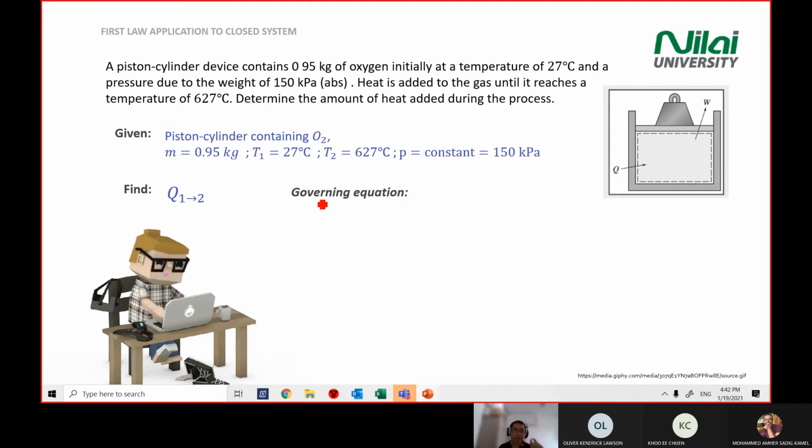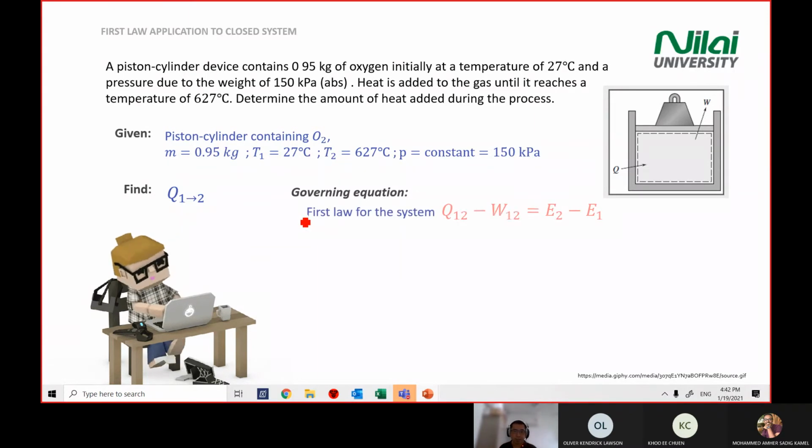So you need to go and find the correct equation. I assume you already learned all the equations, but anyway, I will still go into detail. This is just a demonstration of how we solve a question. The first law of thermodynamics will give you this equation: Q minus W equals the energy change.